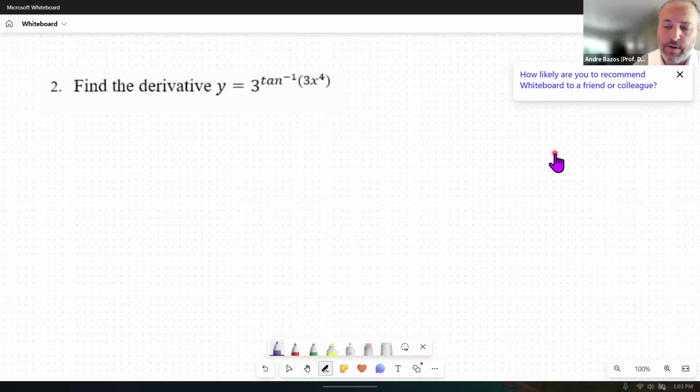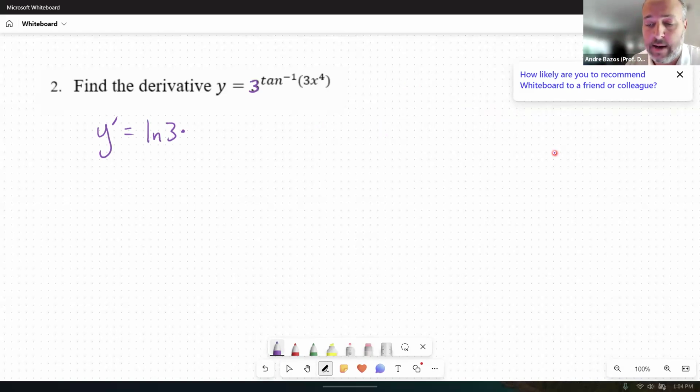So I'm going to do it in one fell swoop again. So we are looking at 3 to the power, so an exponential function. So y prime will equal, so I'm going to do the ln of 3, because I like it out front personally. You don't need parentheses around it because it's kind of said, but what comes after is not in the ln or the natural log, right?